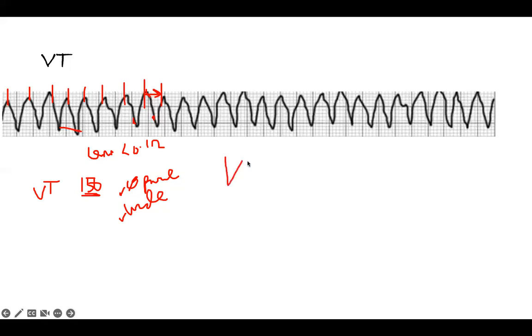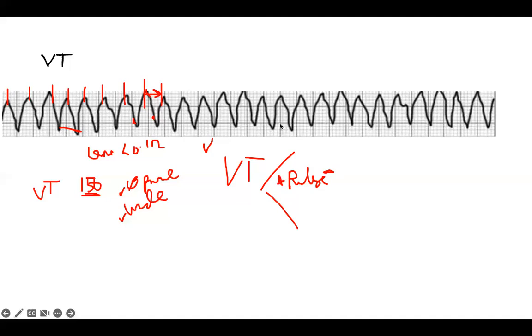The reason why they like asking this question, or like this rhythm, is that VTach has 2 branches. If you mess it up, you kill the patient. Somebody has ventricular tachycardia, you have to do something, and that is check their pulse. Check pulse. That's number 1.